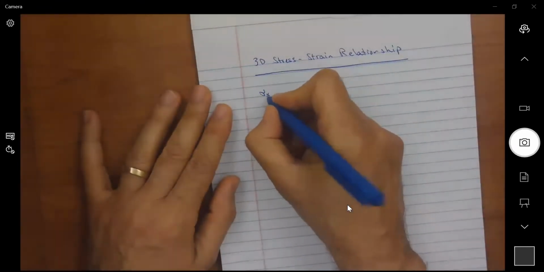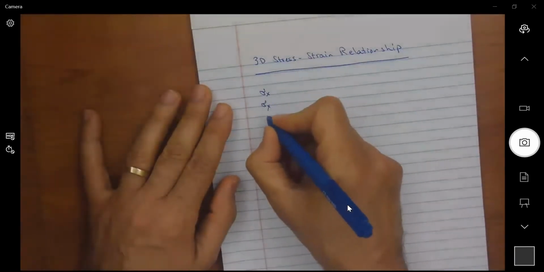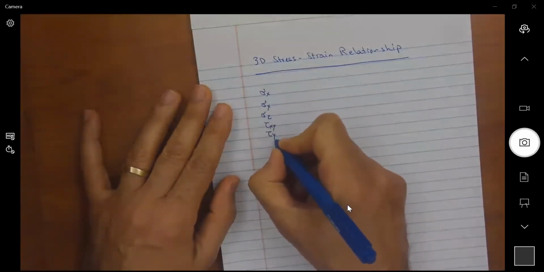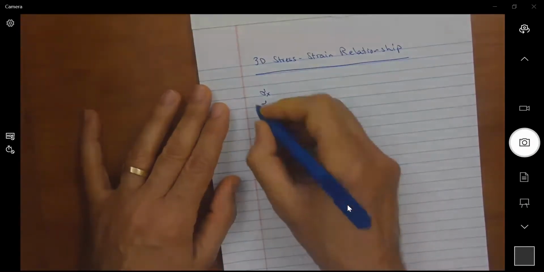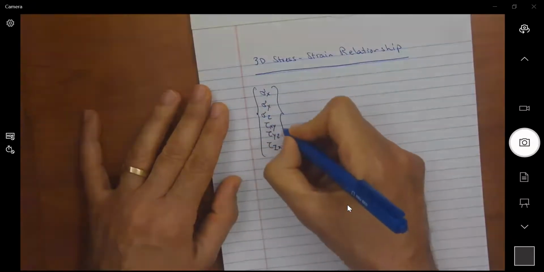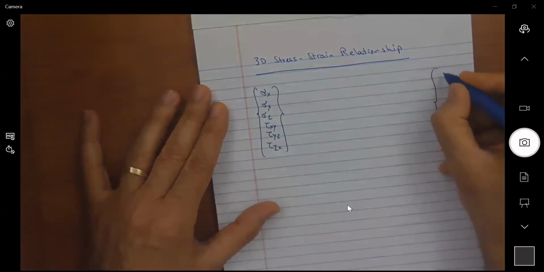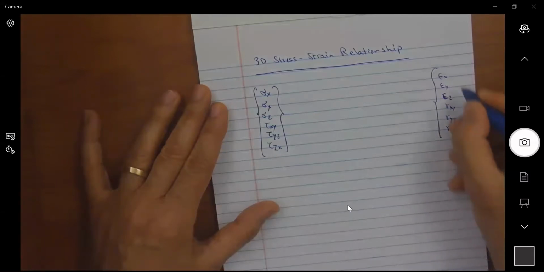In 3D, if I write the stress vector, I will have sigma x, sigma y, sigma z, tau xy, tau yz, and tau zx. These are related to the strains epsilon x, epsilon y, epsilon z, gamma xy, gamma yz, and gamma zx.